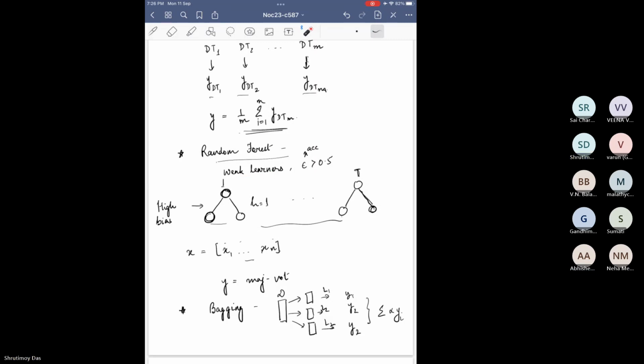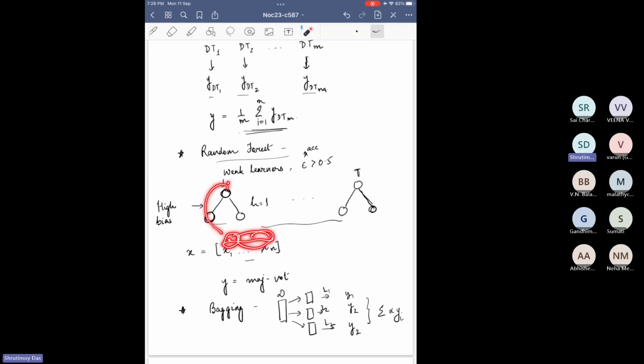Suppose we have decision trees of only height 1, so these are not very good decision trees, because the height is very small. Suppose you are given data x with n attributes. Out of these n attributes, you take some attributes and pass them to tree 1.